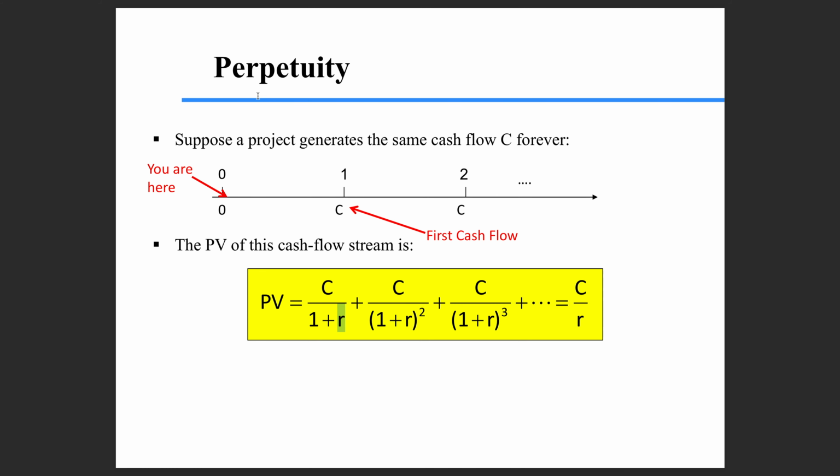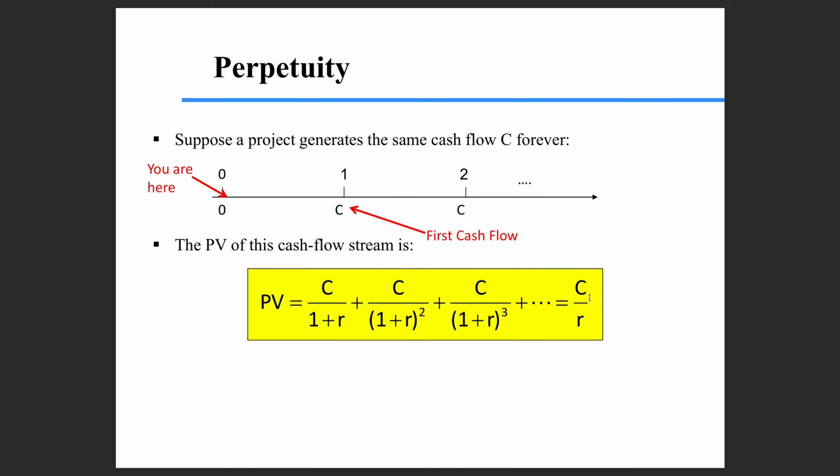But assuming that the interest rate stays the same forever and the cash flows remain the same forever, the present value of perpetuity is equal to C over R, because the infinite sum of terms like this is exactly equal to C over R, and all we need to do is some simple algebra to show it.